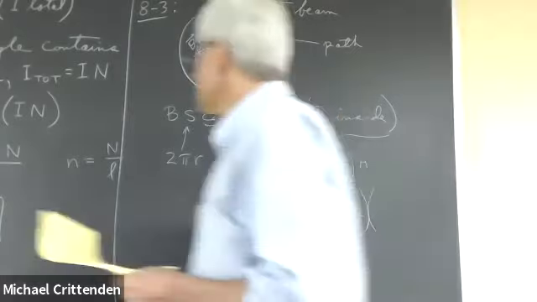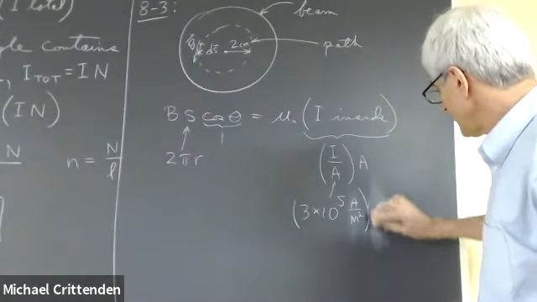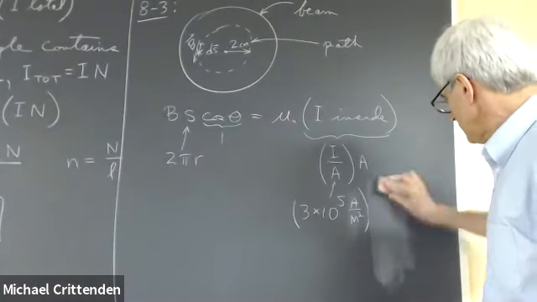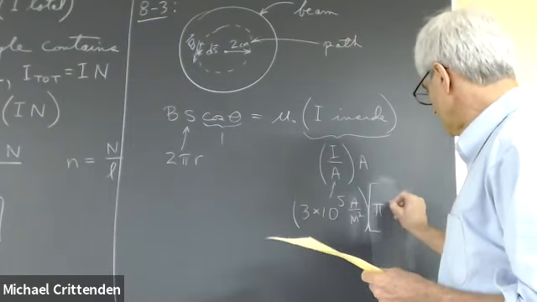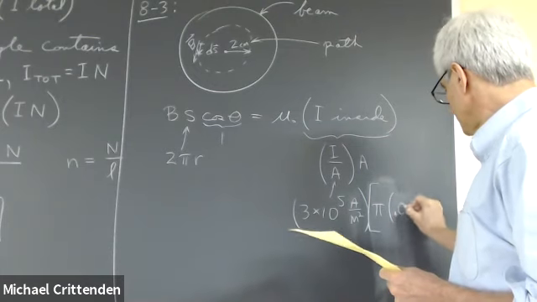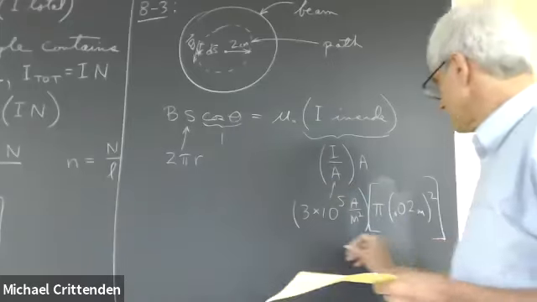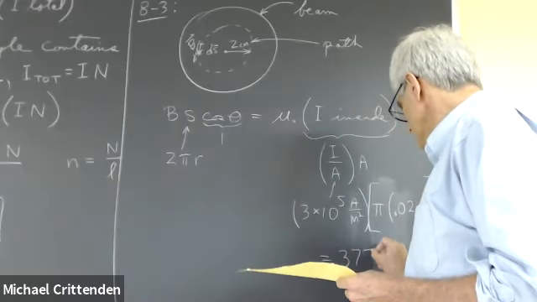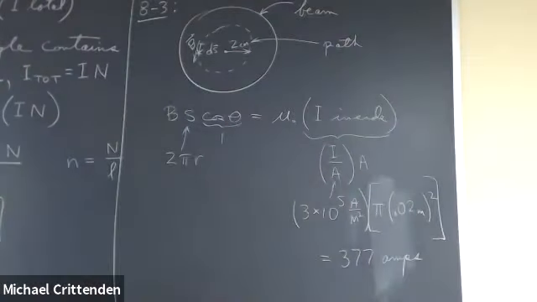The area, well, it's a circle that I've chosen. The area enclosed within a circle is pi r squared. So we've got 377 amps going through that thing.